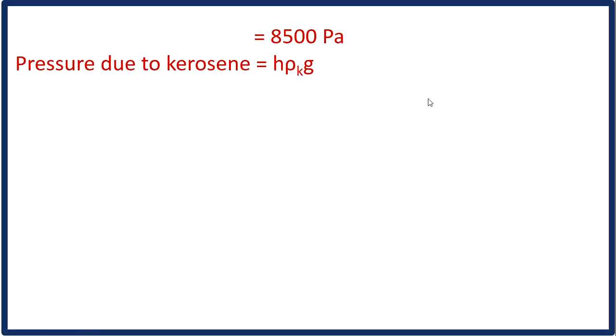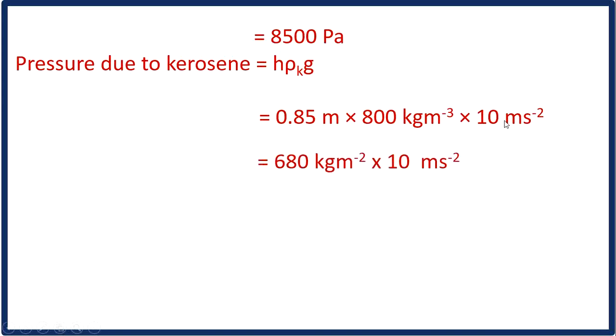Now we can calculate the pressure due to kerosene, h rho g. 0.85 meter into 800 kilogram m^-3. The density of kerosene is 800 kilogram m^-3 and acceleration due to gravity is 10 m s^-2. Now when we multiply 0.85 and 800, we get 680 kilogram m^-2 and 10 m s^-2.